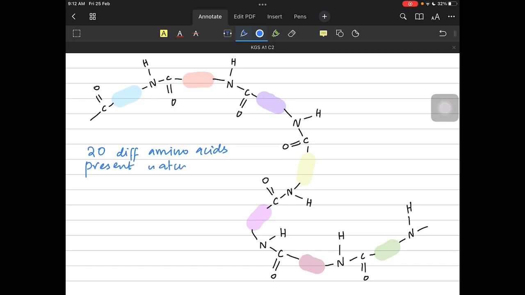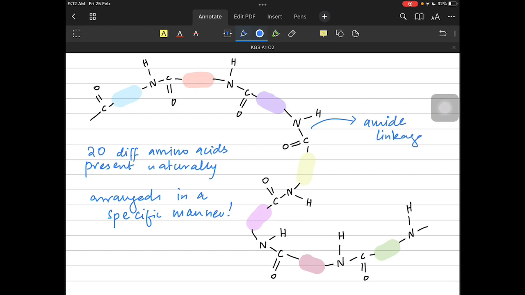And these 20 amino acids are arranged in so many different ways that you can have virtually infinite kinds of proteins. So these amino acids are arranged in a very specific way to make a specific protein molecule, like hemoglobin, like myoglobin, like enzymes.